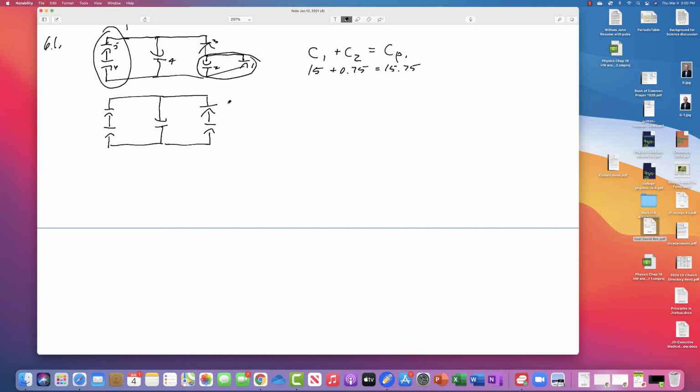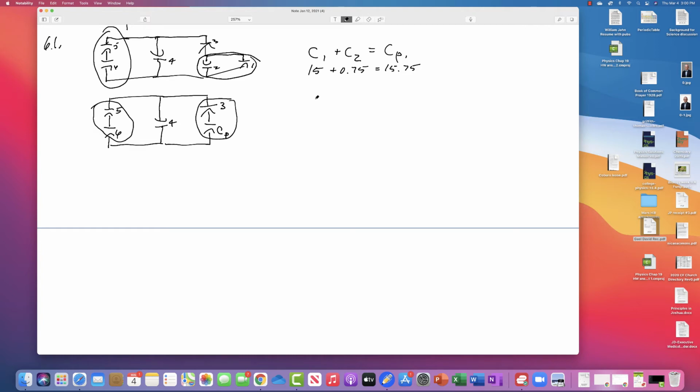Now this one is 3, this one is your CP that you just did, this is 4, 5, and 6. Now at this point, you can take this one and change it. You can take this and change it.